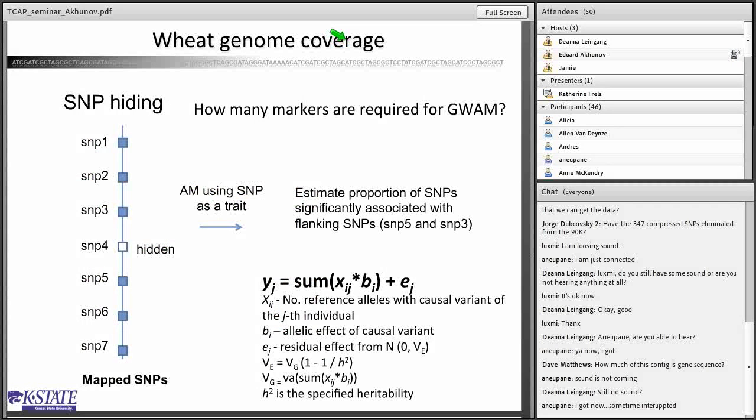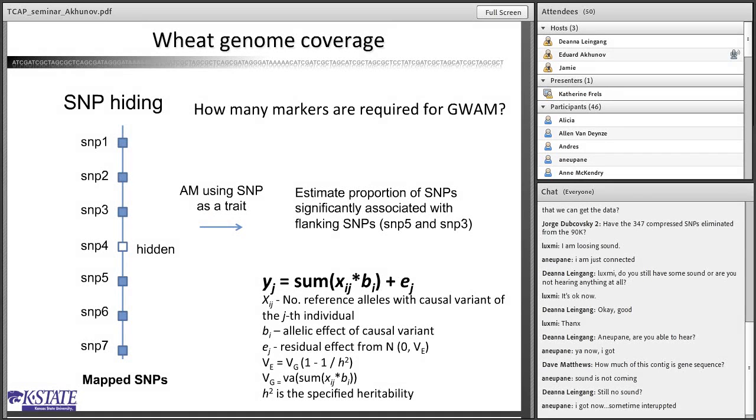But one thing that we wanted to explore, which is quite important, and unfortunately in many published studies this question was not addressed properly, is how many markers you really need for genome-wide association mapping. You may perform association mapping using even a rather limited number of markers.